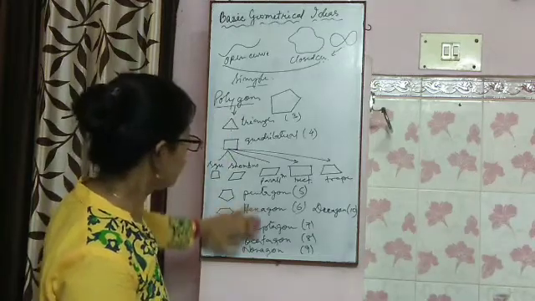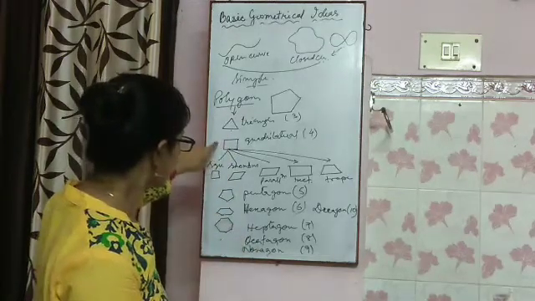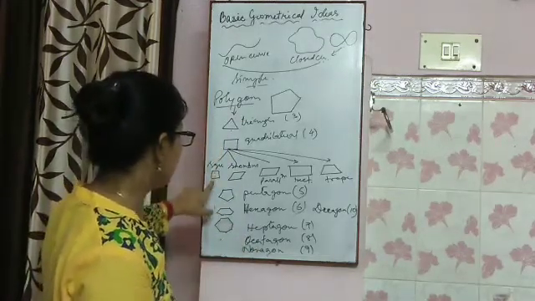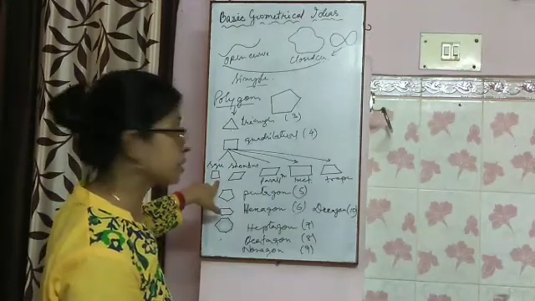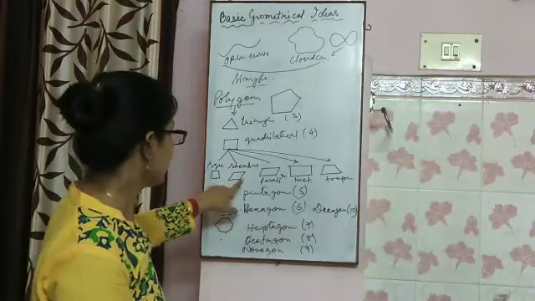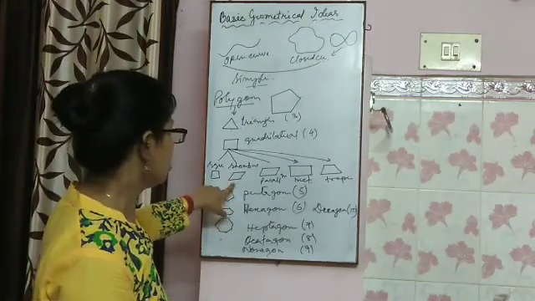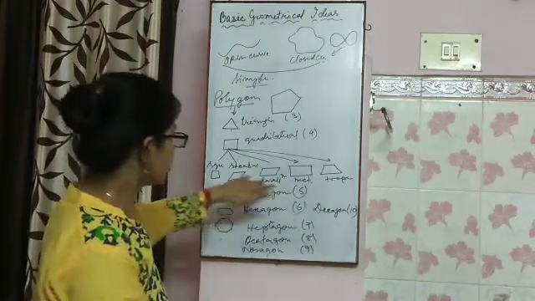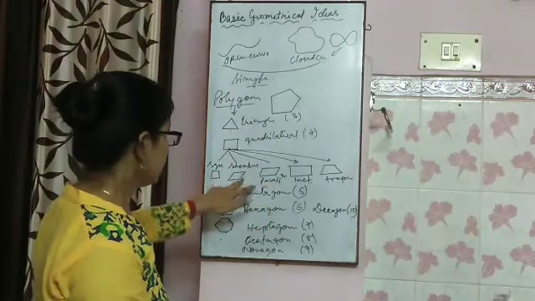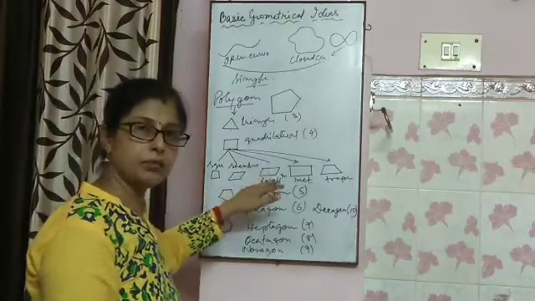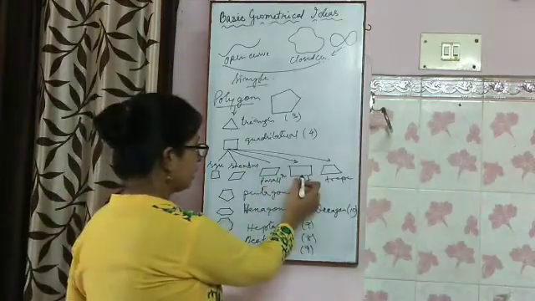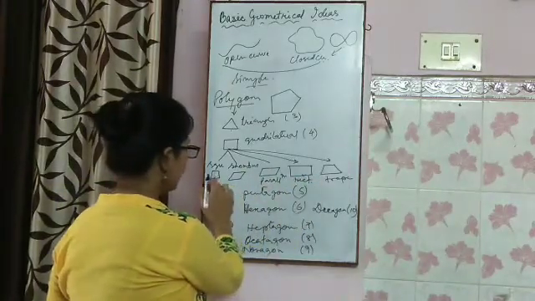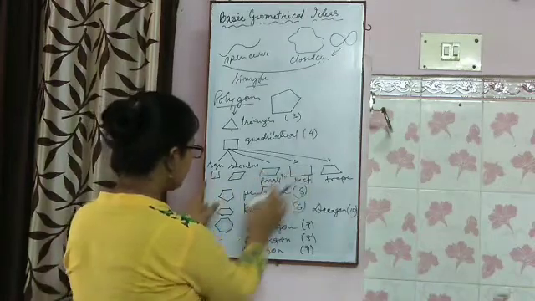These are all polygons, but particularly for a quadrilateral, if all 4 sides are equal and the angles are 90 degrees, we call it a square. If all 4 sides are equal, then we call it a rhombus, but a rhombus is similar to a parallelogram, but here all 4 sides are equal, but in a parallelogram only the 2 opposite sides are equal and parallel. Rectangle and square have some similarities also.